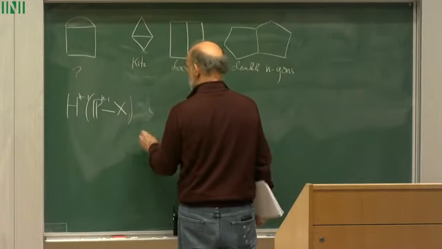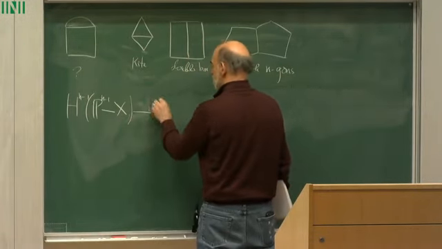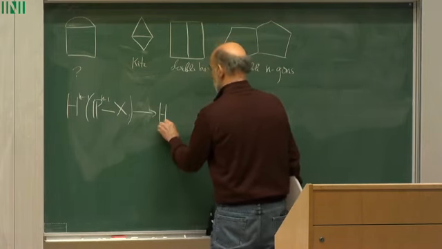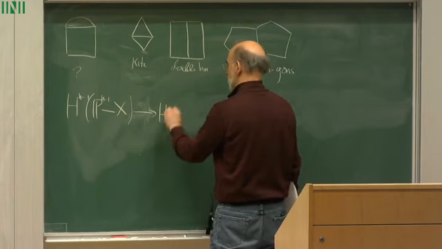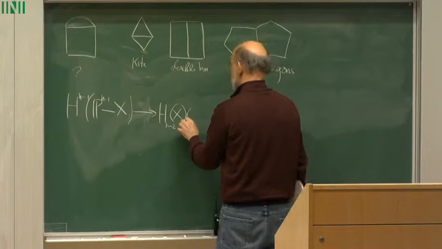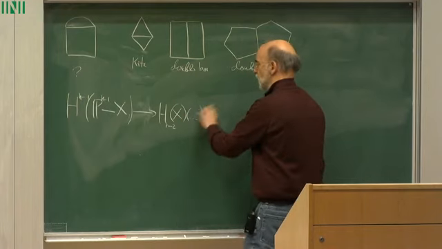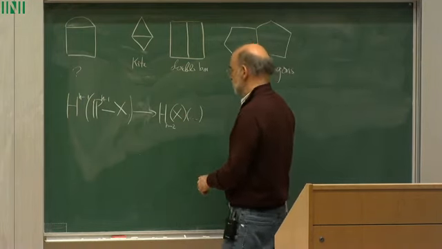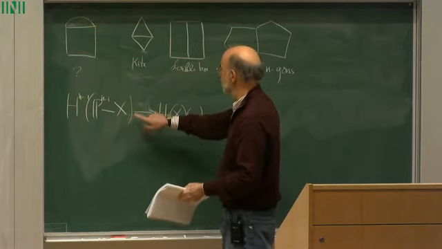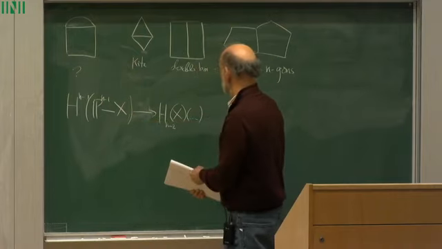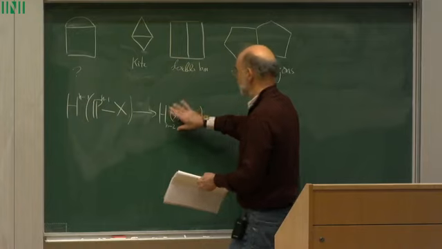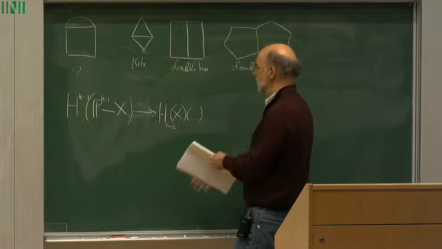And we know that this maps to H_{n-2} of X with some twist, which don't worry about. Basically, the problem is that X can have singularities. In fact, X always will have singularities. So the usual Gysin sequence doesn't quite work, but there's a variant where we take homology.